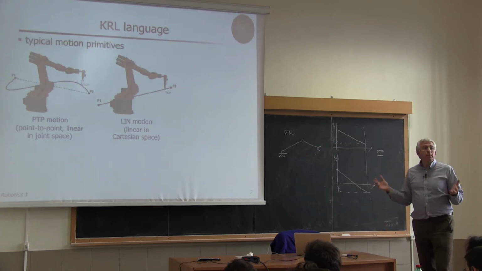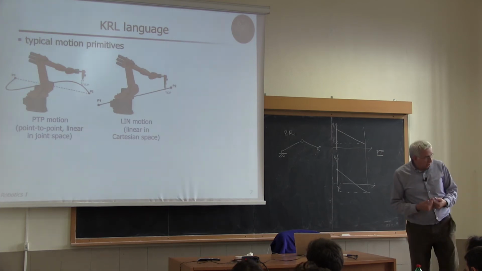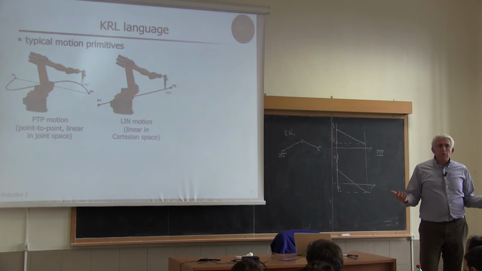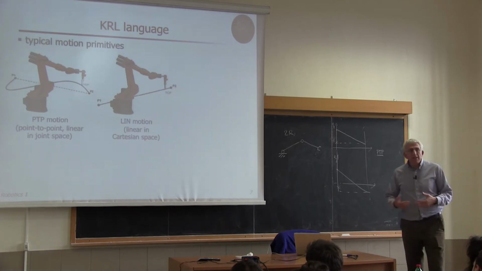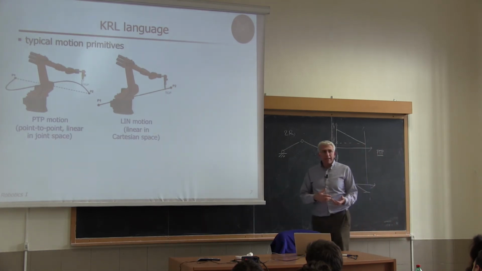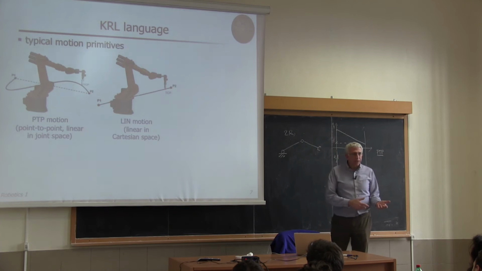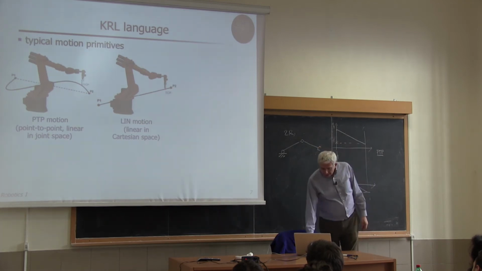Now, all this motion should be converted into some commands at the joint level, because there is where the actuation takes place. This is why it's so important, direct and inverse kinematics, and differential and inverse differential kinematics at the velocity and acceleration level.